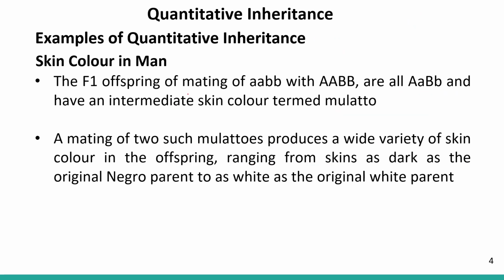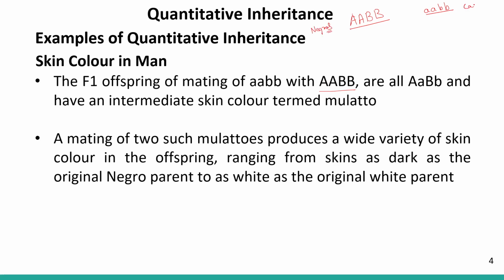So the F1 offspring of the mating of small a, small b with capital A, capital B are all capital A, small a, capital B, small b type. How does it happen? Let us see. The Negroes have genotype capital A, capital B, and the Caucasian will have small a, small b type.